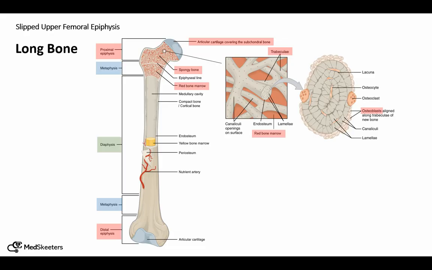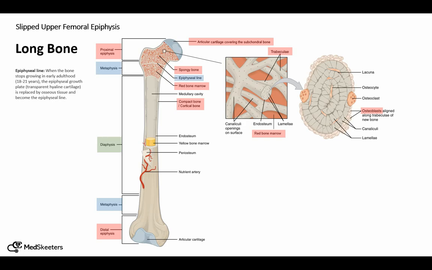Osteoblasts surrounding the epiphysis convert spongy bone to compact bone. Compact bone is also known as cortical bone. Metaphysis contains the growth plate of the epiphysis, which is also known as the epiphyseal growth plate.